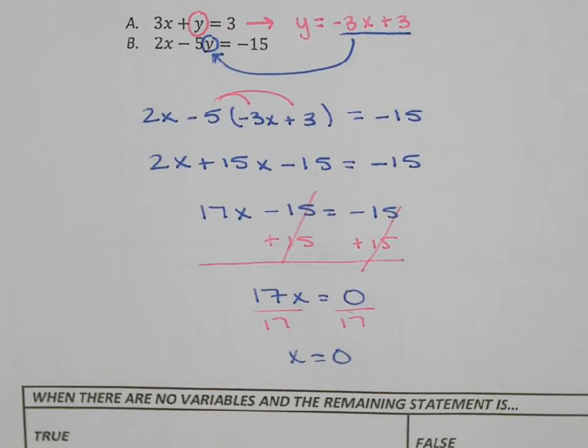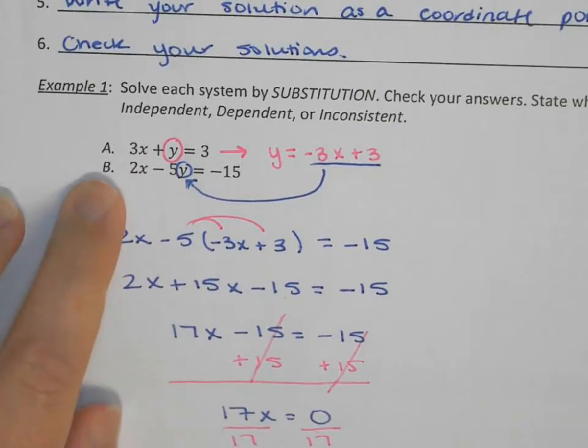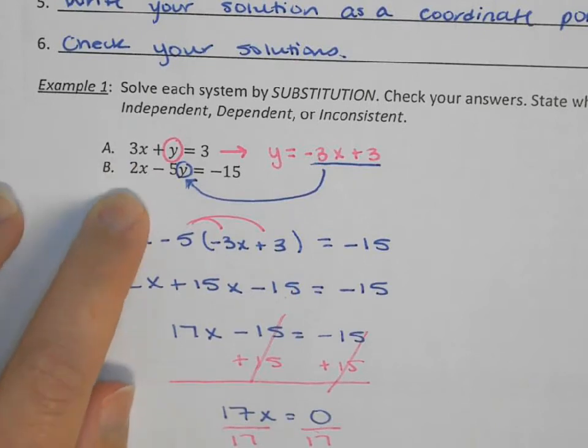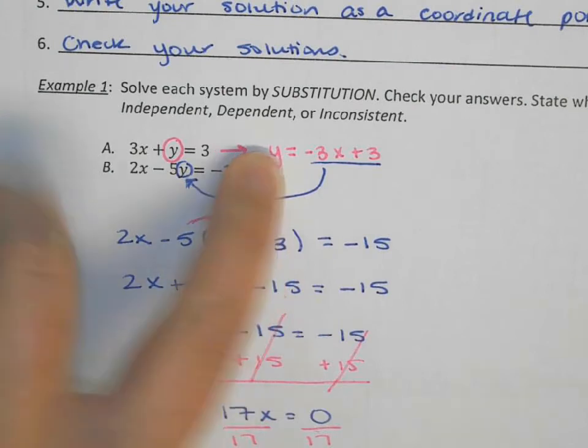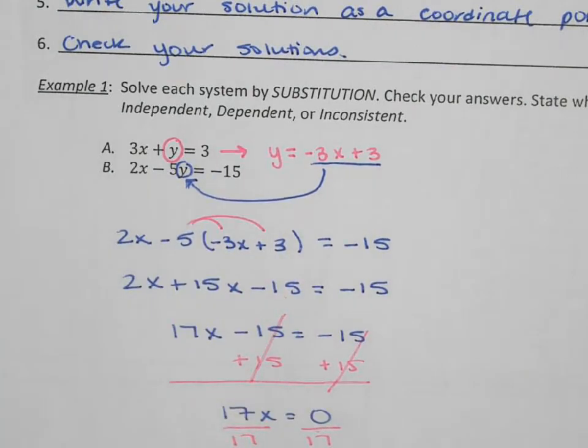All right, so x is 0. All right, we're halfway there then. Now we have a known variable. Now we can plug it into, it doesn't matter which equation you plug it into. You can plug it into A, you can plug it into B, you can plug it into your other version of A. But what variable do we still need? Y. Okay, so we're going to plug in x as 0, and we'll figure out what y is.